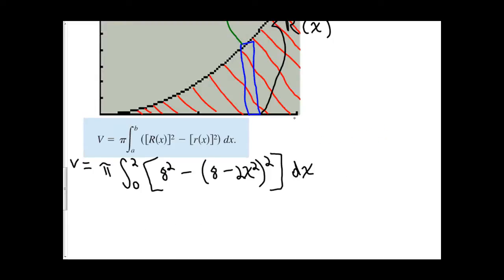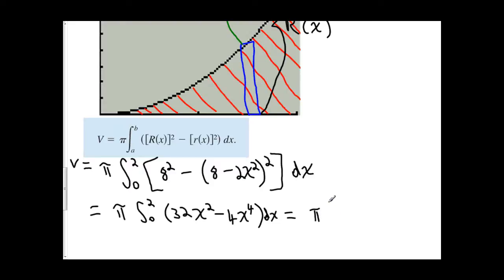This integral simplifies to pi times the integral from 0 to 2 of 32x squared minus 4x to the fourth dx, which is equal to pi times 32 over 3 x to the third power minus 4 over 5 x to the fifth, and this is from 0 to 2.